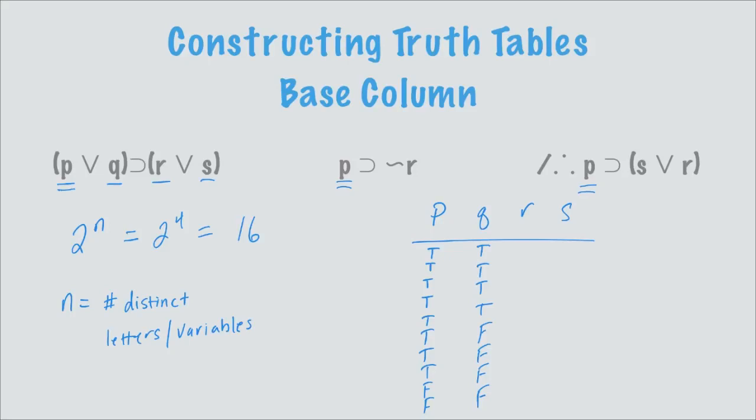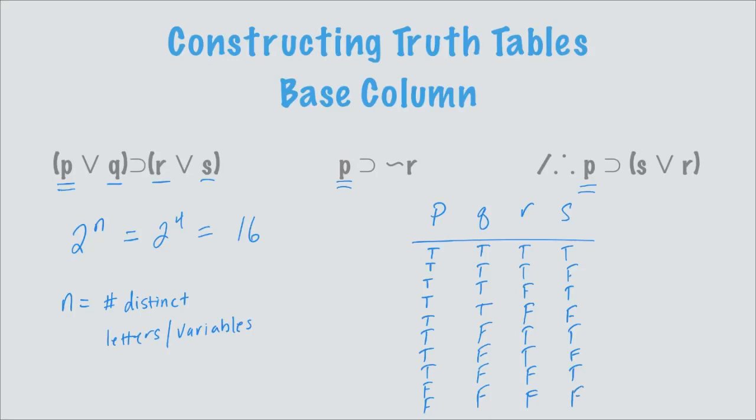And then 4 trues, 4 falses, 4 trues, all the way down 16. And then in the R column, I'll have true, true, false, false, true, true, false, false, and again, until I hit 16. And then the final column will always be true, false, true, false.